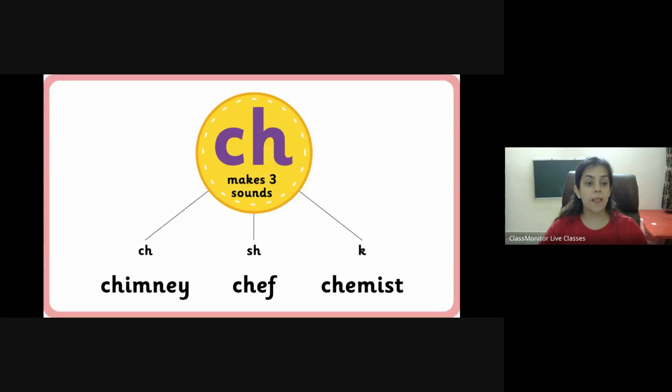So this is how it works. That is why you have words like chimney, where the sound is ch. In a word like chef, the sound of CH is sh. In a word like chemist, the sound of CH is k. Right?